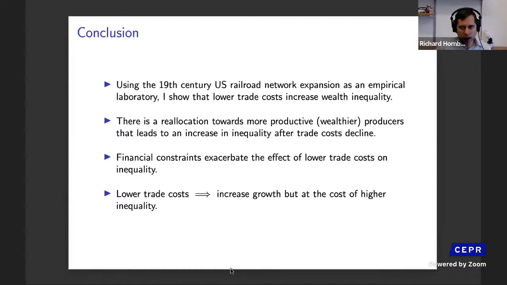Okay. I guess a follow-up question that I had about mobility is that it seems like one way to interpret what you're estimating is the impact on wealth inequality in a place, and whether market access and decreasing transportation costs are making places themselves have more or less wealth inequality.